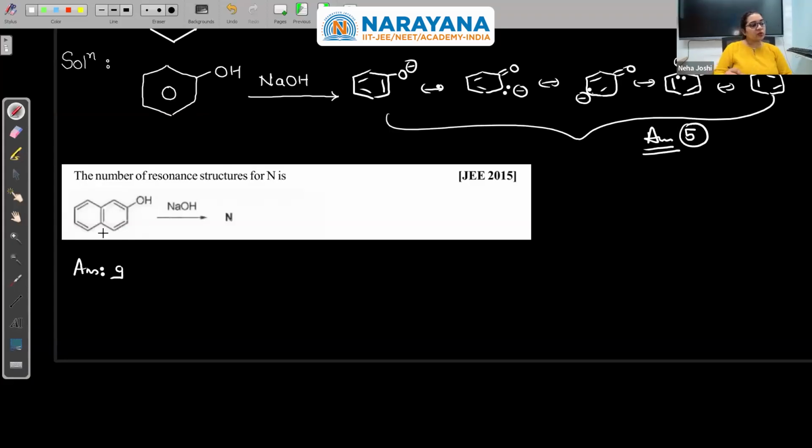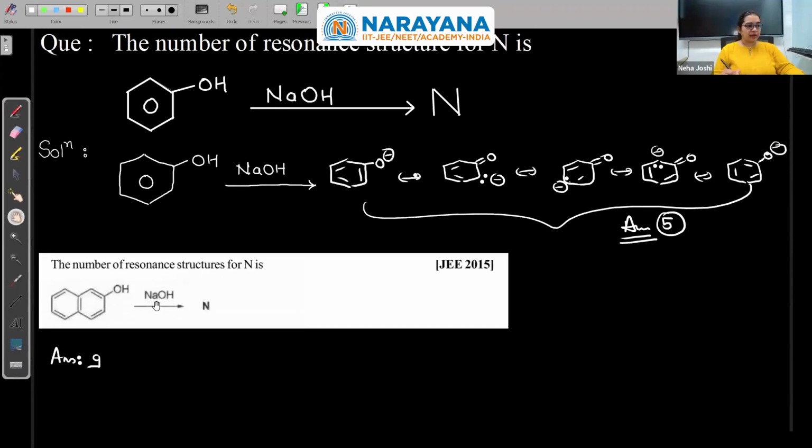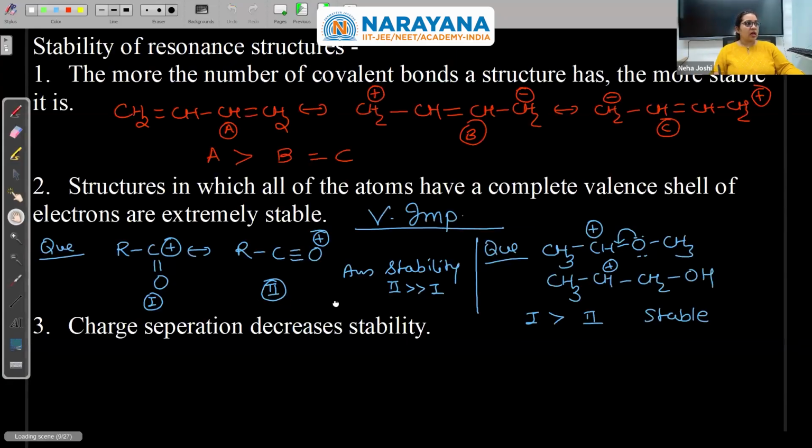You will get 9 resonating structures for the anion that will be formed after this reaction. Okay, so please do this question on the same lines. As you all are in phase 2, I assume all of you are good in drawing resonating structures, how to draw the resonance structures.